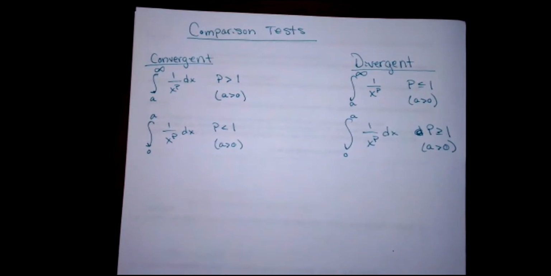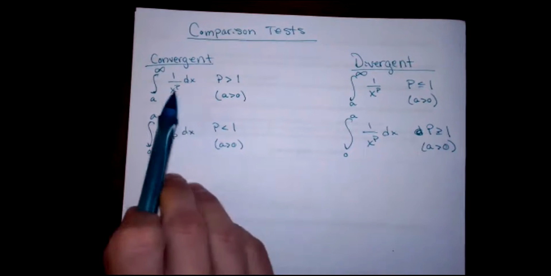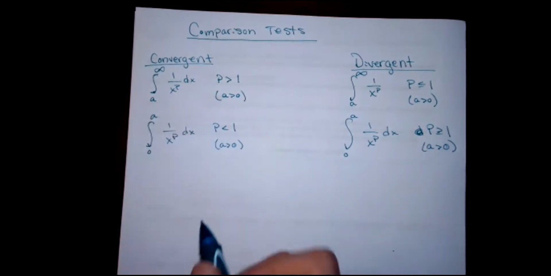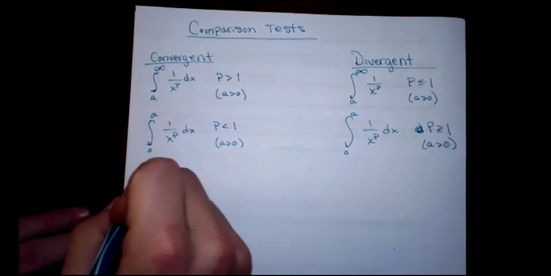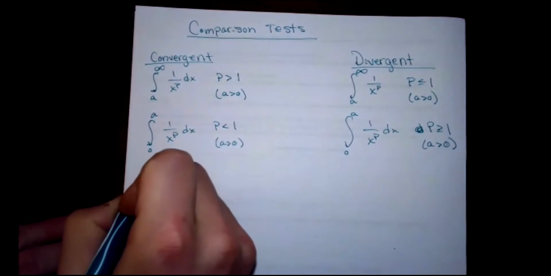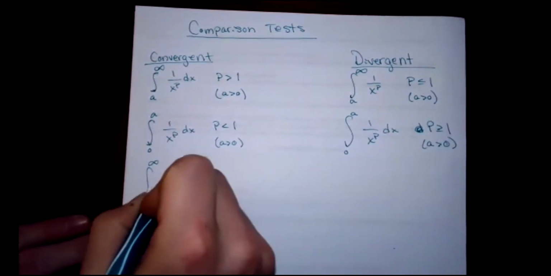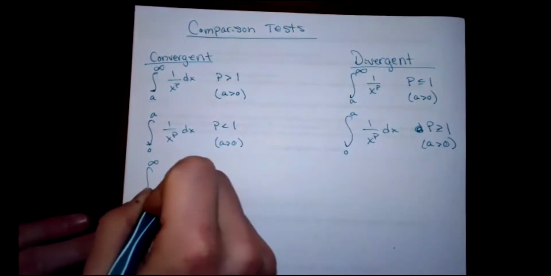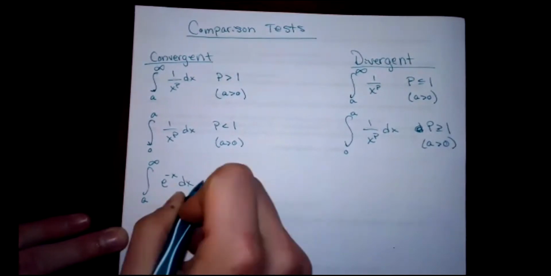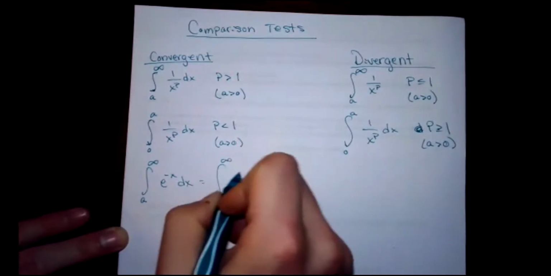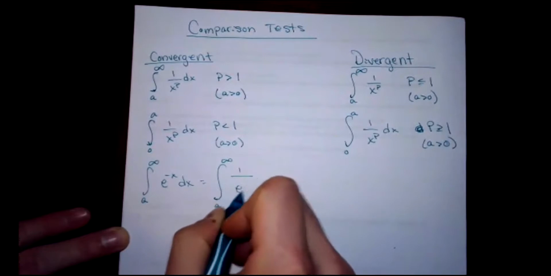Along those lines, well, what functions increase faster than a power function, faster than polynomials? The next natural one to talk about is our exponential functions. So things like e to the minus x, or in other words, 1 over e to the x.